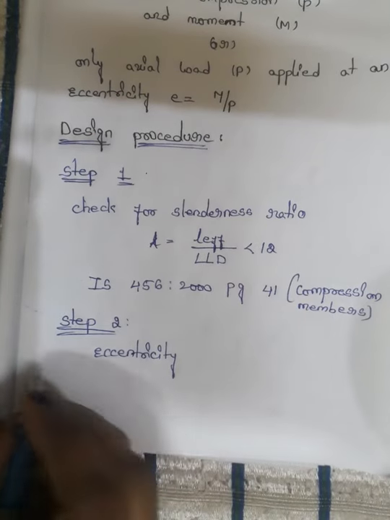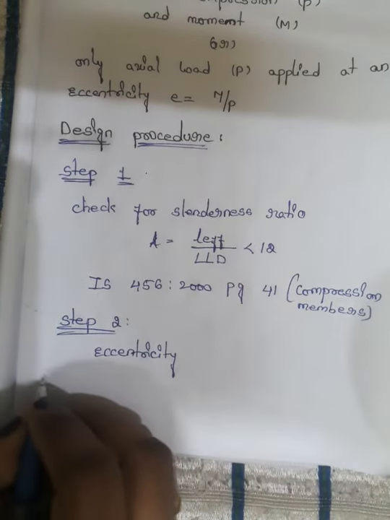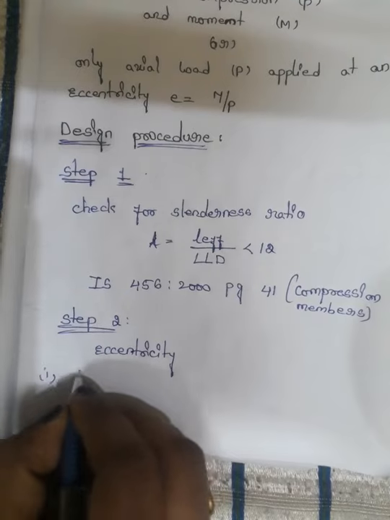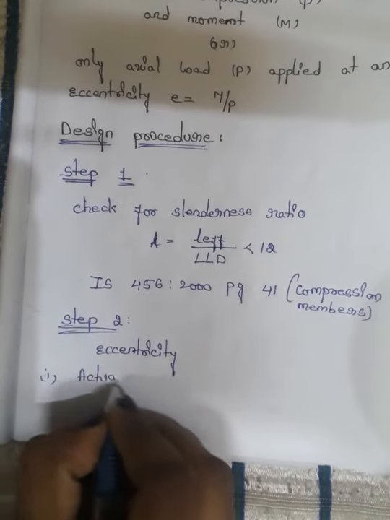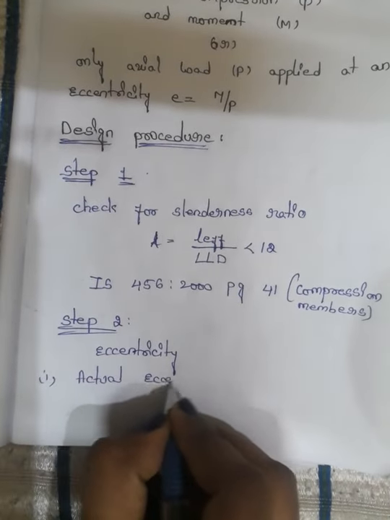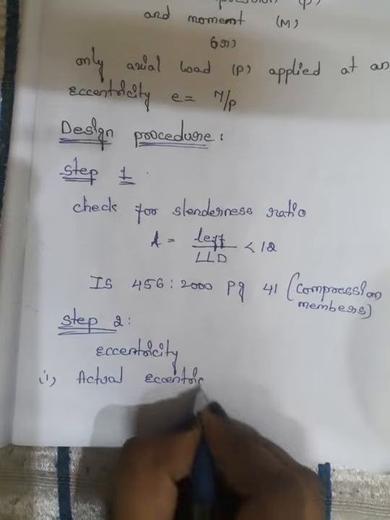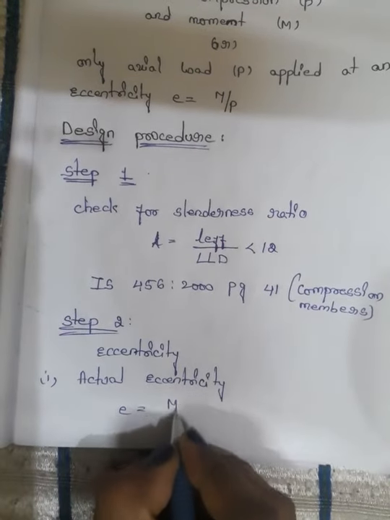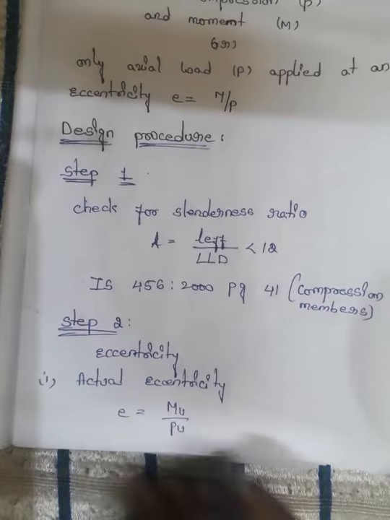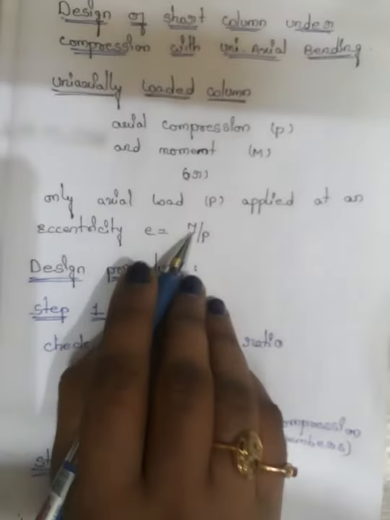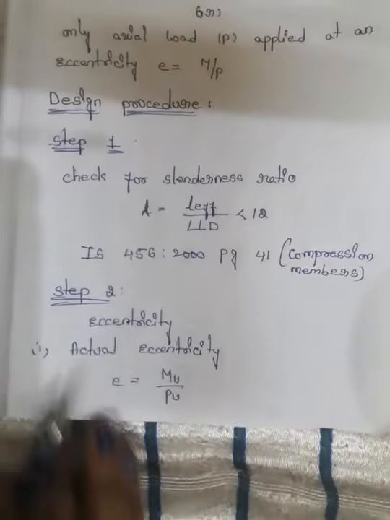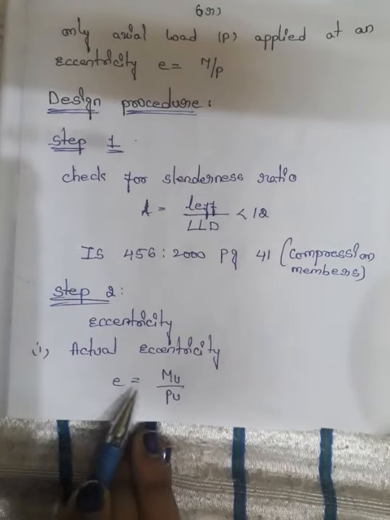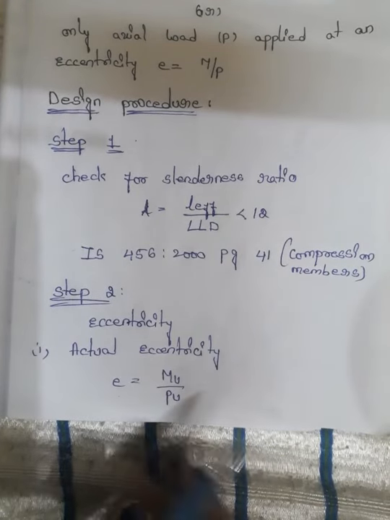So we'll see how the actual eccentricity is calculated. Just now we have seen e equals M by P. So we need to find the actual eccentricity, which is e equals Mu by Pu.